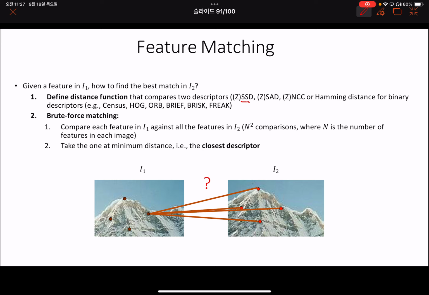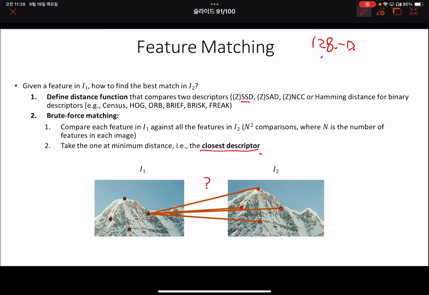We can just use Euclidean distance. We have a 128-dimensional descriptor for each point. Then we can measure the distance between the 128-dimensional vector of this point and the 128-dimensional vector of this point. We keep measuring the difference between different points and then find the closest descriptor. That is the basic strategy. We can just do brute force matching.